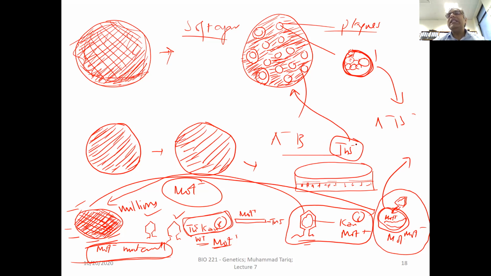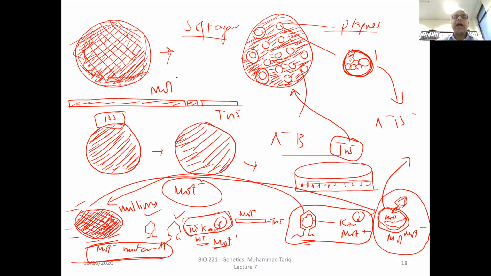and we sequence the gene or the DNA sequence packaged in this phage particle. And we will know which gene, TN5, which genes, because this is one headful of phage DNA, what are the genes and which one is causing mot minus bacteria to become mot plus, because these are wild type genes.